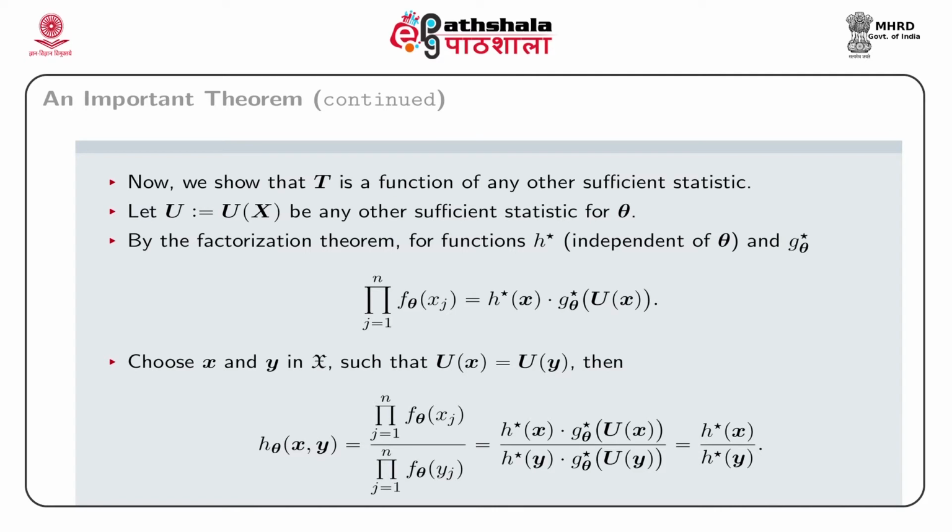Now, for any two sample points x, which is x1, x2 up to xn, and y, which is y1, y2 up to yn, from script X such that U(x) equals U(y), we obtain h_theta(x,y) equals product over i from 1 to n f_theta(x_i) divided by product over i from 1 to n f_theta(y_i), which equals g_theta star(U(x)) into h star(x) divided by g_theta star(U(y)) into h star(y), which is just equal to h star(x) divided by h star(y), because g_theta star(U(x)) equals g_theta star(U(y)) as U(x) equals U(y).